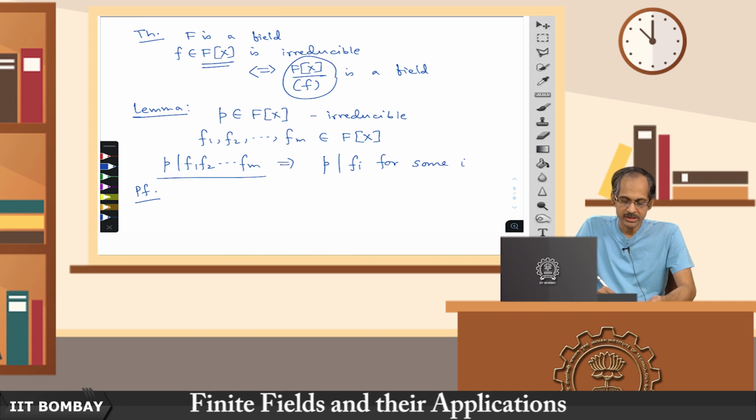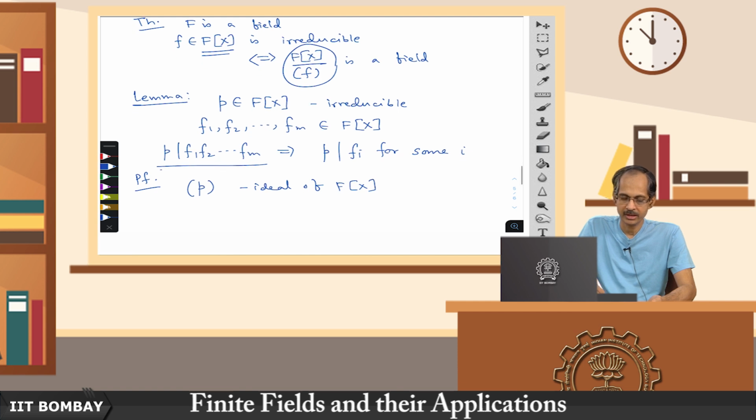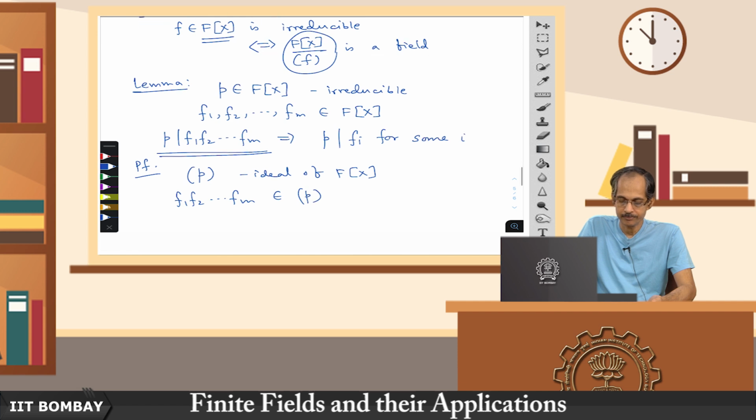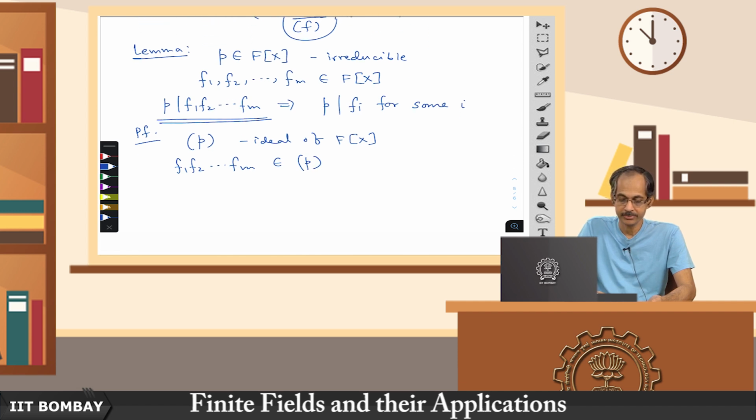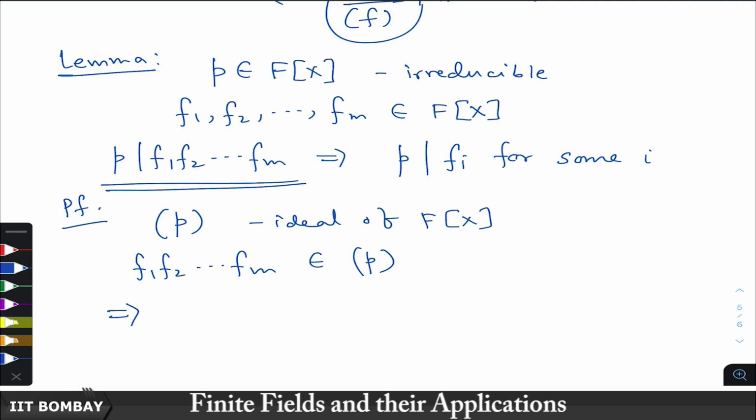Because P divides the product f1 f2 ... fm, consider the ideal generated by P in F[x]. What this means is that the product f1 f2 ... fm is in the ideal P, because it is a multiple of P. What it means is that the corresponding coset is the 0 coset.